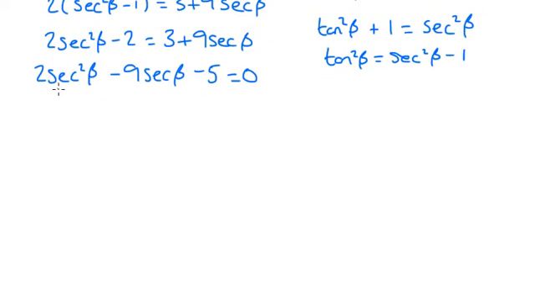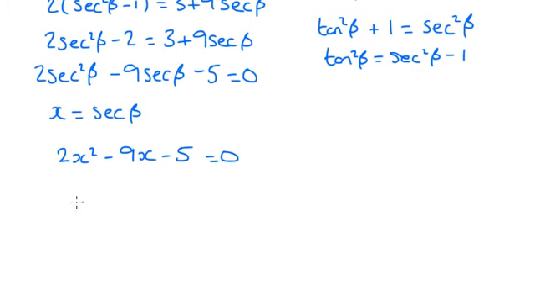If I said that x was equal to sec beta, we'd have 2x squared take 9x take 5 equals 0. And this factorises. It would be quite mean of the examiners to not have this factorised.